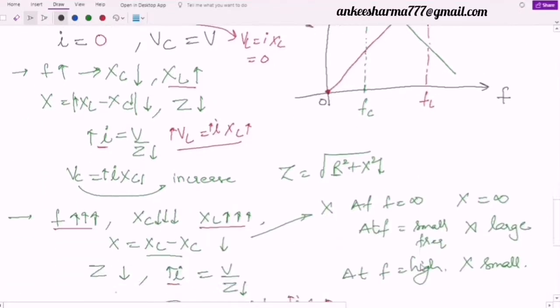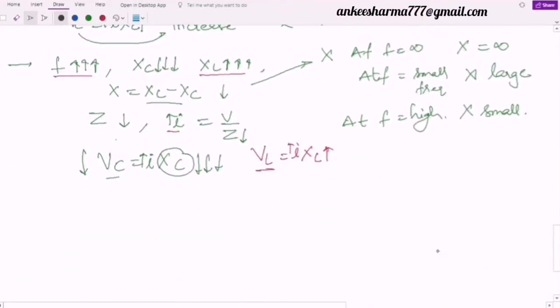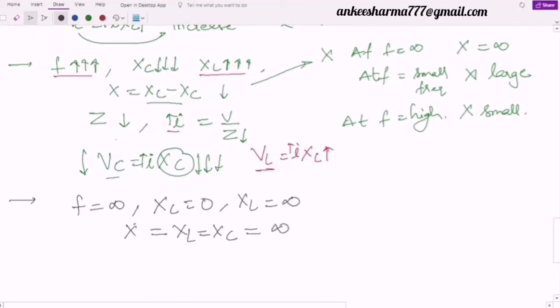Now what is going to happen if I take the scenario f equal to infinity, where f has reached infinity? At f equal to infinity, my XC will be equal to 0, XL will be infinity, and if I talk again about the concept of X, which is the difference XL minus XC, can I say that this is also equal to infinity in this case?